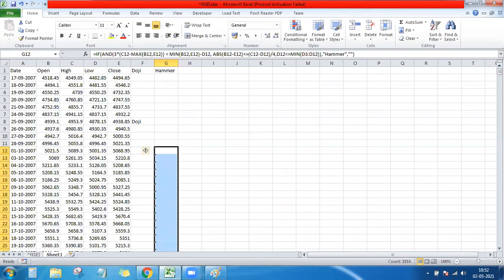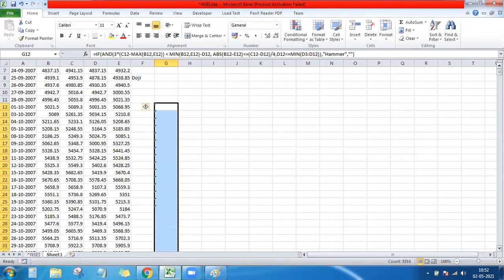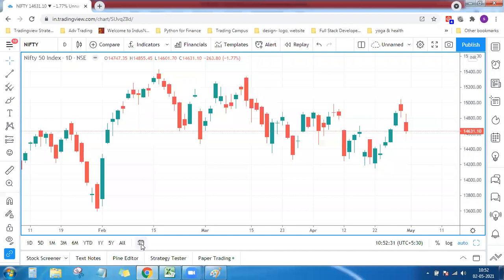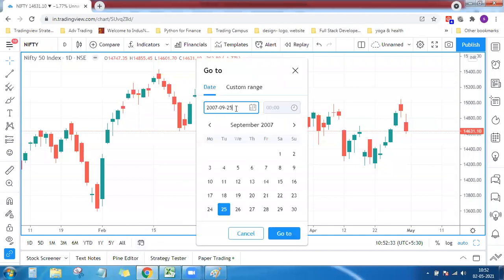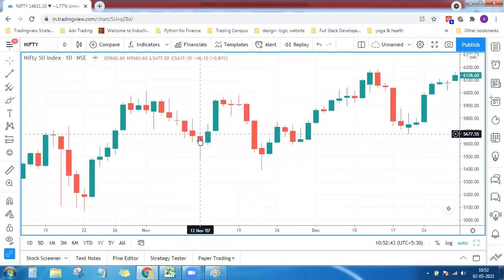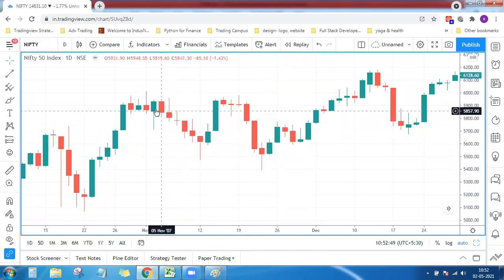Copy the formula onto every cell. There is a hammer on 12/11/2007. This one. So this is a red color hammer. Now if you see, we have compared the low of this candle with the lows of the previous 10 candles.